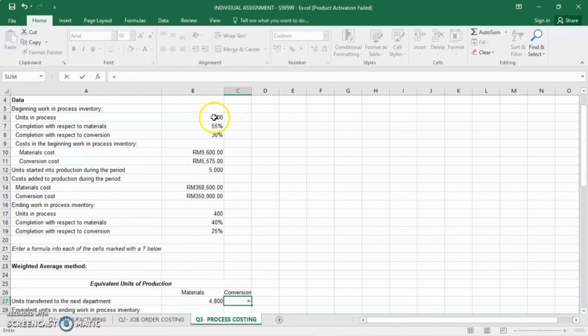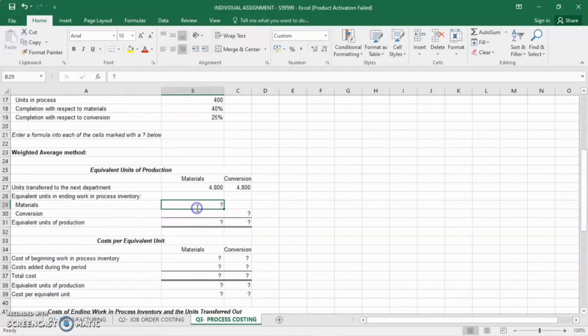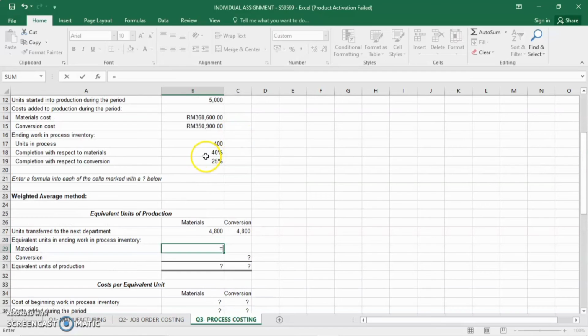And for conversion, units beginning work in process plus units started and then minus ending work in process and get 4,800. For equivalent units ending work in process for material, 40% times 400, and for conversion 25% times 400.